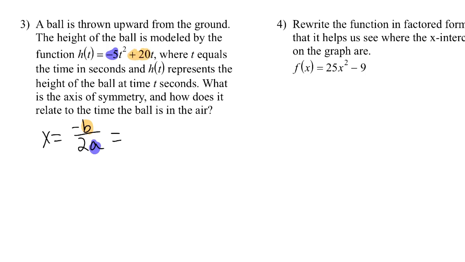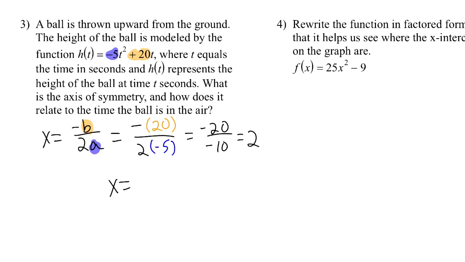So our equation will be negative 20 over 2 times a, which is negative 5. That's going to be negative 20 over negative 10, which is equal to 2. So x equals 2 is the axis of symmetry.